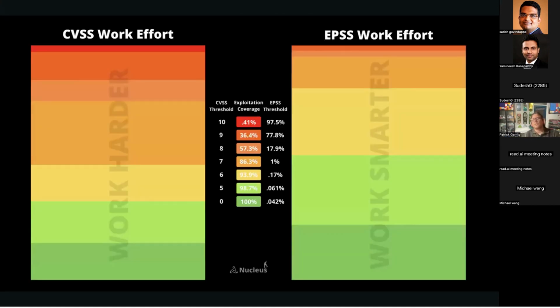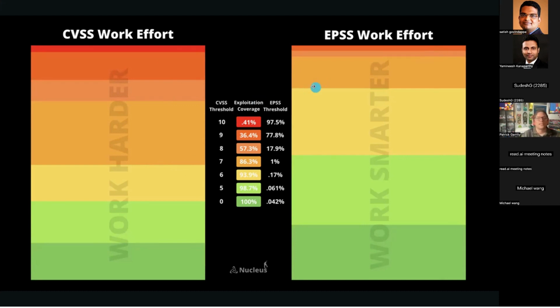One last one I'm going to show is the colorization here in the color bars. And I know I need to work on my colors because if you're colorblind, I'm sorry. I'm learning. People are teaching me on my data visualizations, but essentially, work effort is broken down here with CVSS version 3 on the left, and then EPSS on the right. So this kind of shows you on the left here, we can see CVSS version 7, you would have to do 56% of all vulnerabilities in NVD.